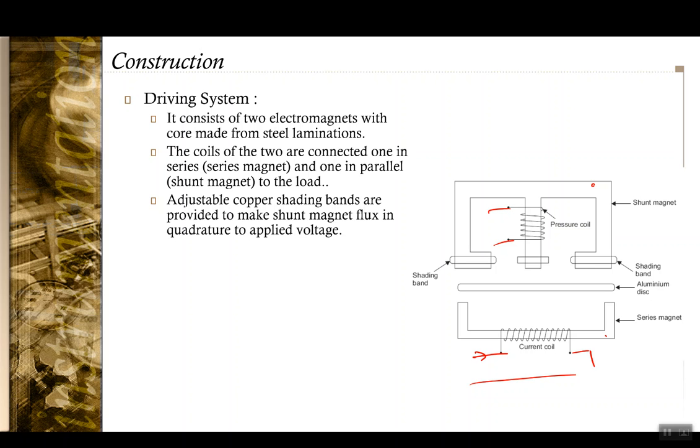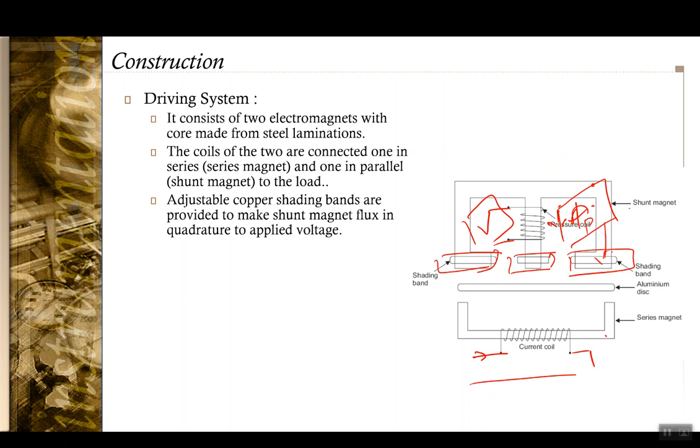You would have additional adjustable copper shading bands placed on the shunt coil to cause some lag in the flux. So to cause further lag between the flux in the pressure coil, so if this is phi p, you would have the shading bands, which will increase the phase lag between V and phi p.